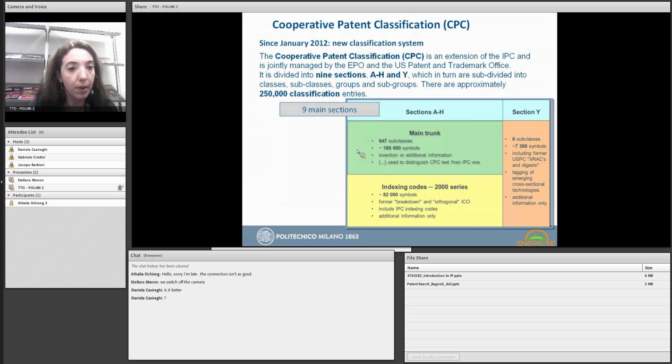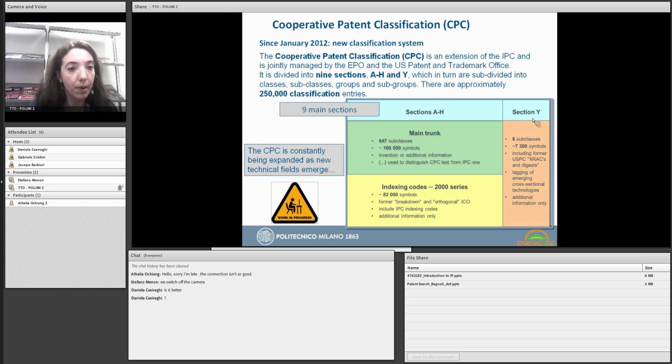So we have more than 250,000 classification entries. We have the sections from A to H, that are 8 sections as in the IPC code. Moreover, we have the section Y, that is the transversal section, including patents of different fields.